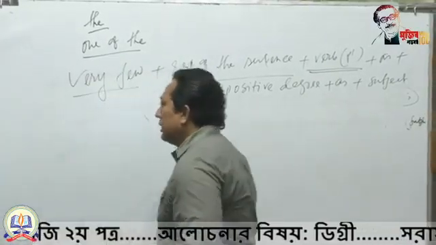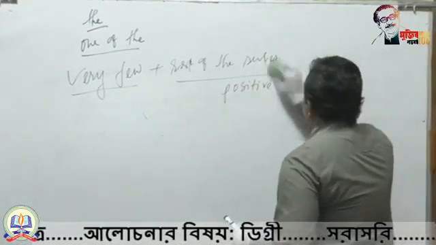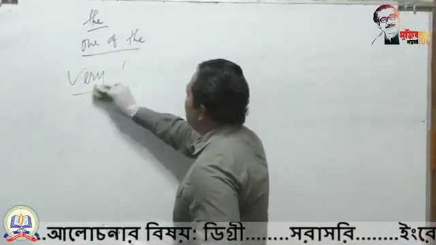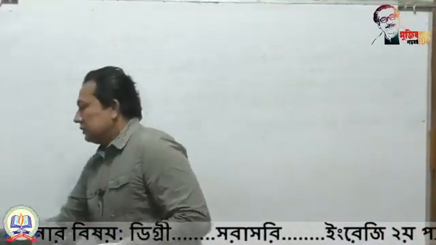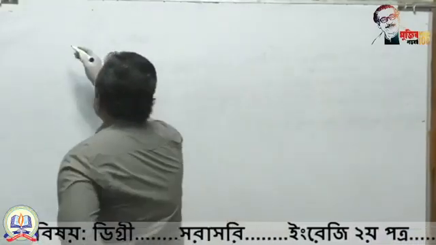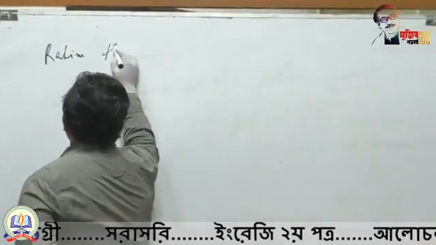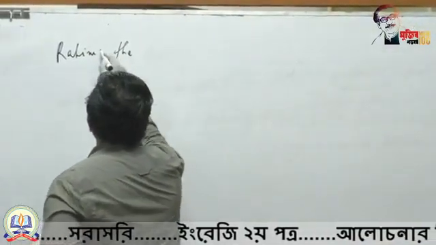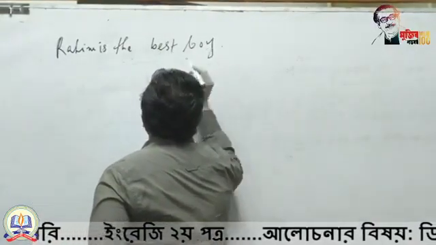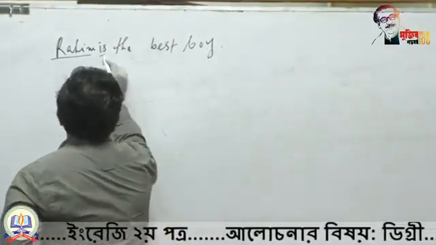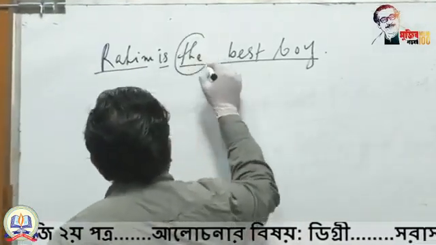If we want to give some examples, I think it will be clear. Suppose Rohim is the best boy. Subject, verb, the rest of the sentence. Now we have found "the."